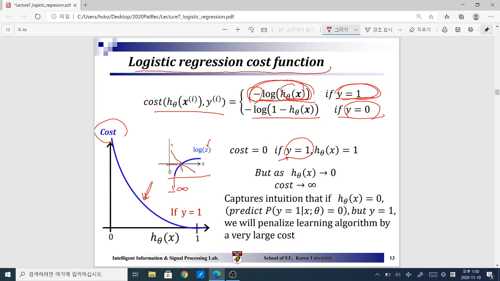At the same time, while this is positive now, we also can get rid of this part of the tail end by noting that the hypothesis function itself is actually limited between 0 and 1. If you remember, this hypothesis function is essentially 1 over 1 plus e to the minus the dot product between the parameter and the feature.